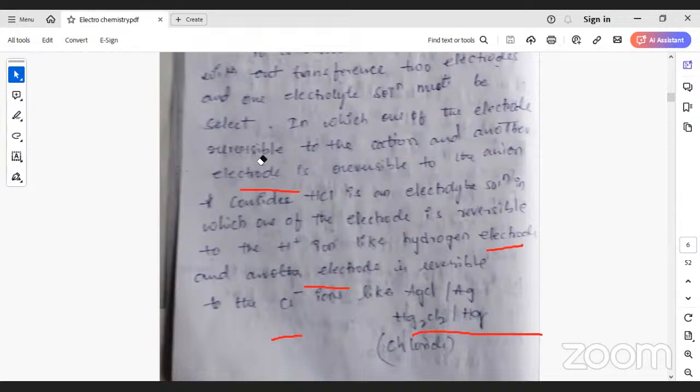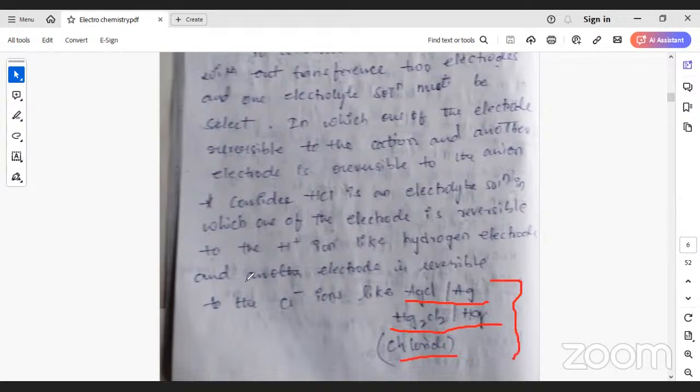That is silver chloride by silver, right? Or mercury chloride by mercury. These are the chloride electrodes, examples of electrodes reversible to the Cl minus ions.